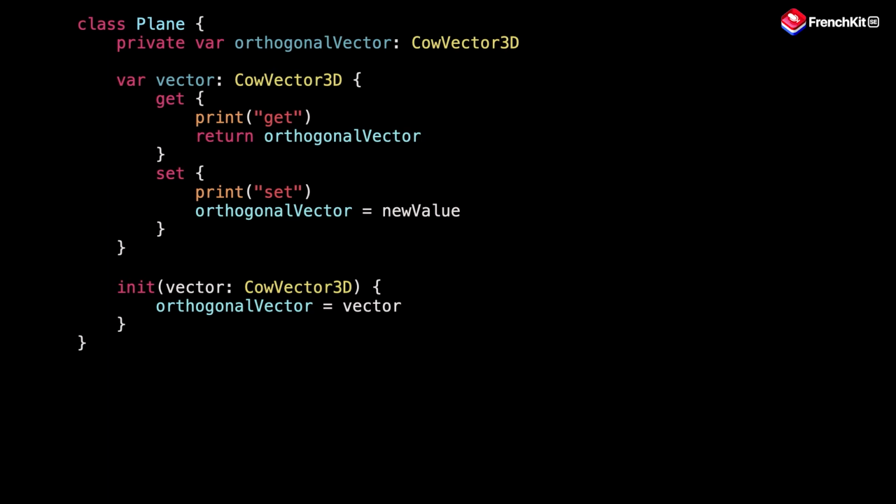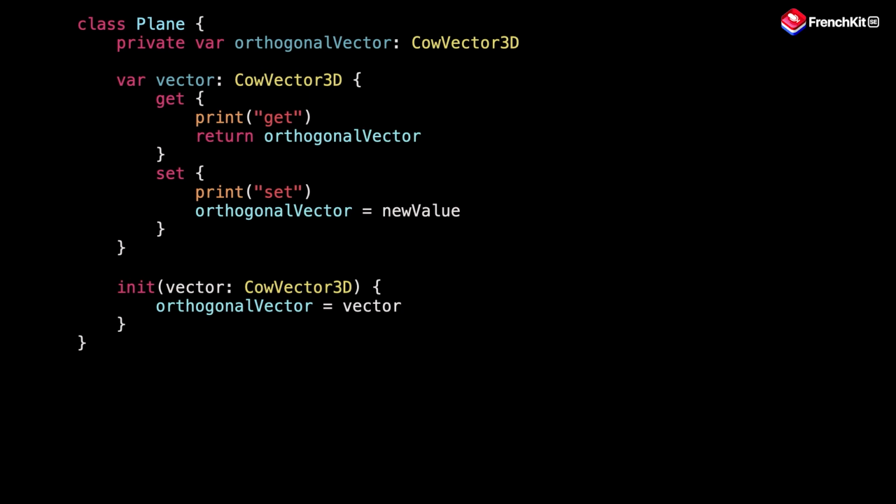This can be useful for one or two reasons I can think of, whether I want the inside of my class to use one naming and the outside of it to use a different naming, but it's kind of far-fetched. But one really frequent example is that I want my Plane class to conform to a protocol that requires a vector variable. Then I just have to create this vector computed variable.